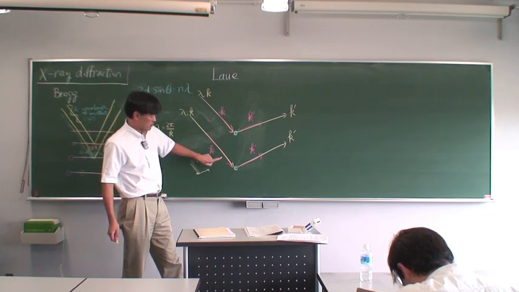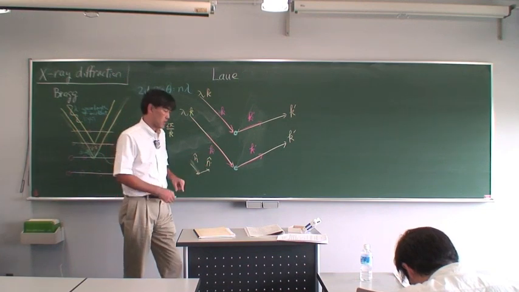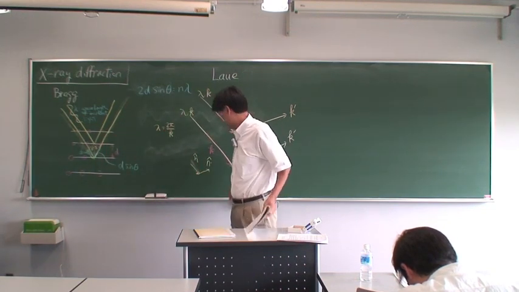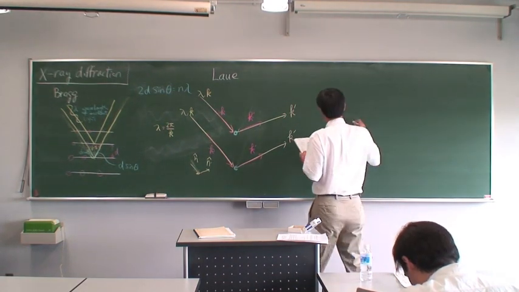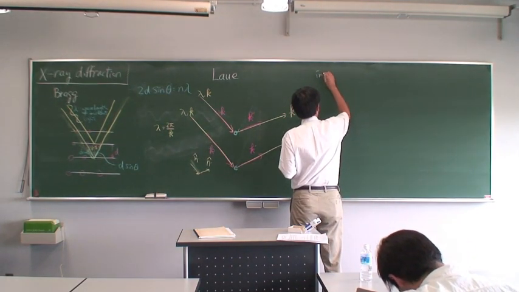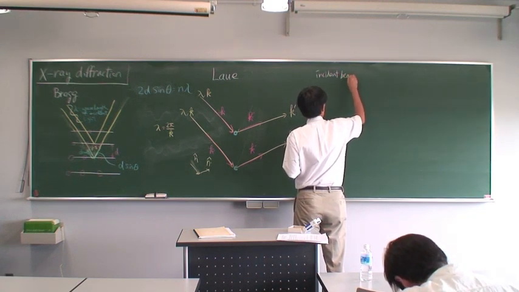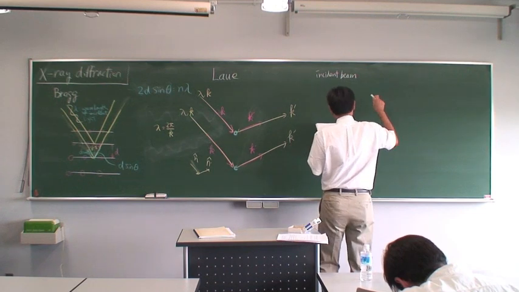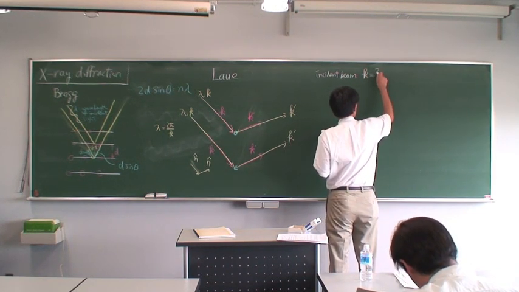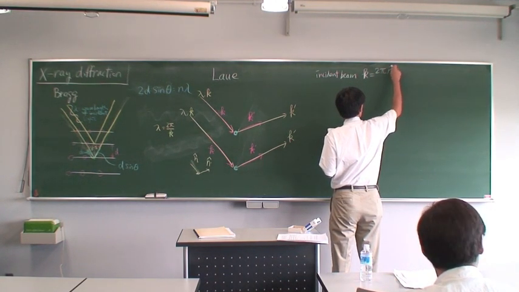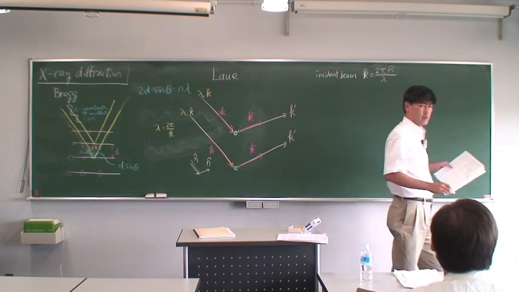And this is a vector in this direction of length unity. Okay? Then I can start writing the following. Incident beam: k equals 2 pi n hat over lambda. Okay?